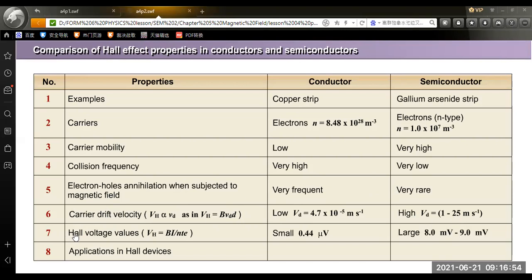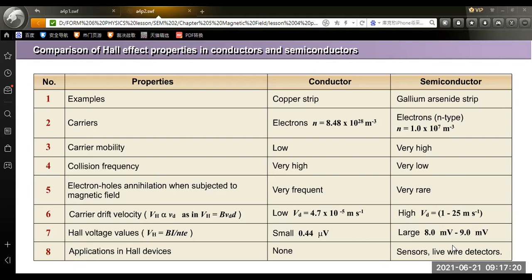So for the Hall effect, the conductor gives 0.44 microvolt and the semiconductor will produce a greater Hall voltage. For application in Hall devices, the conductor has none, but the semiconductor is used in sensors and the live wire detector.